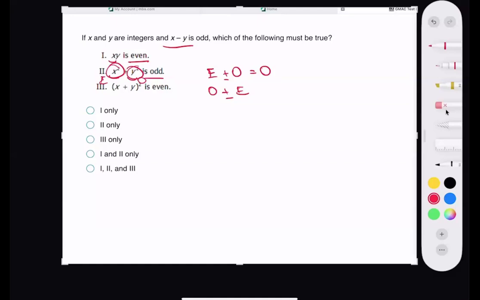Even plus odd is odd, so it's true. X plus Y squared is even? No, this is even, this is odd, so odd squared is odd. So it's 1 and 2. Super easy.